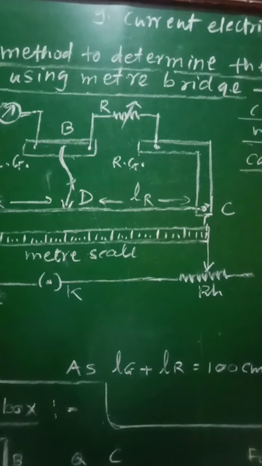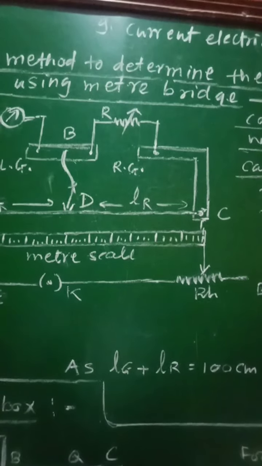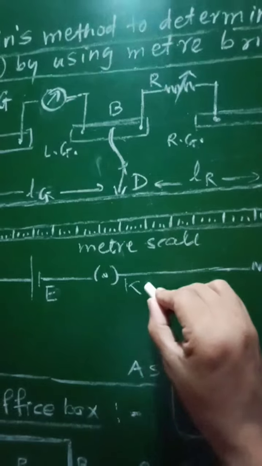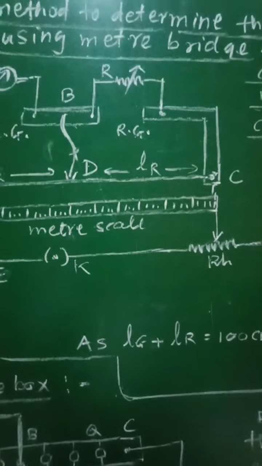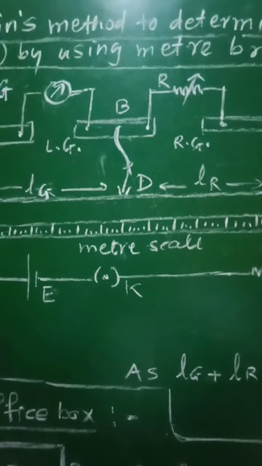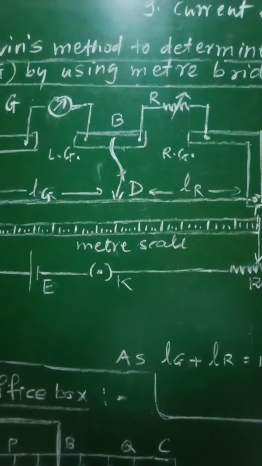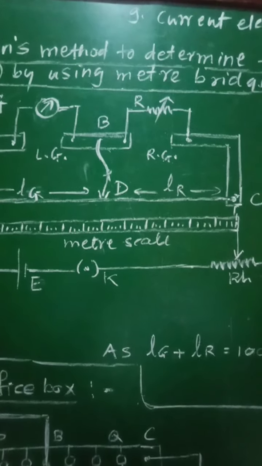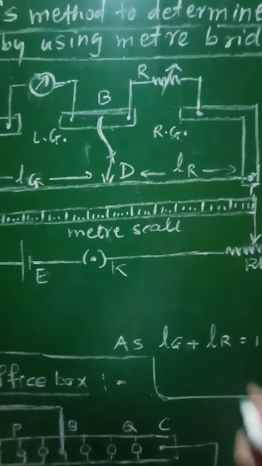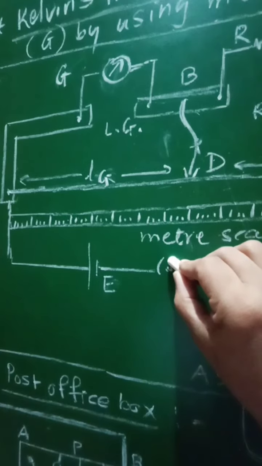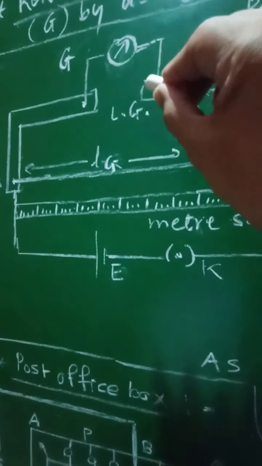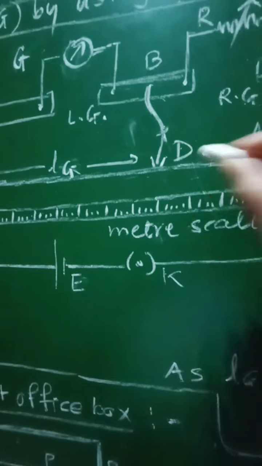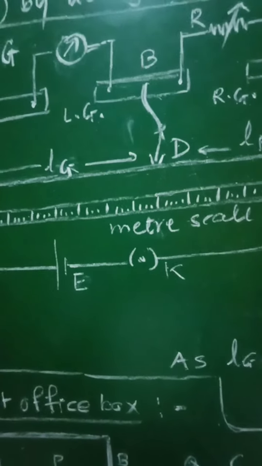The current is passed through the circuit by closing the key K. Then without touching the jockey at any point on the wire, the deflection in the galvanometer is obtained. As soon as current is passed through it, the current will pass through the galvanometer, and hence galvanometer will show some deflection without touching this jockey to that wire.